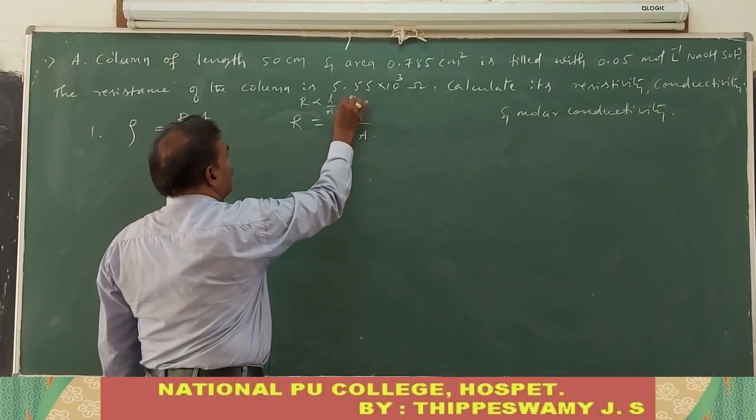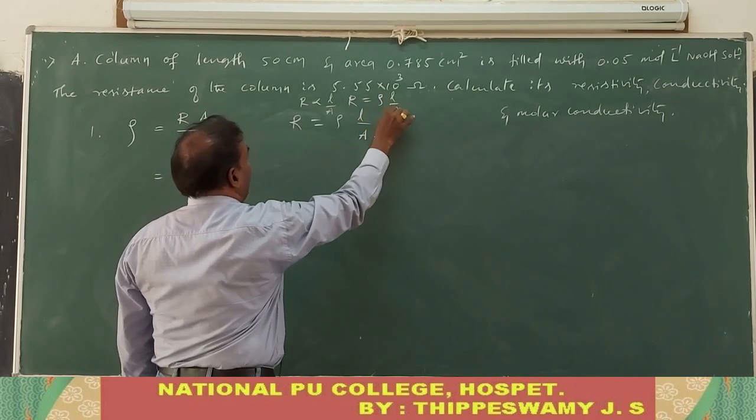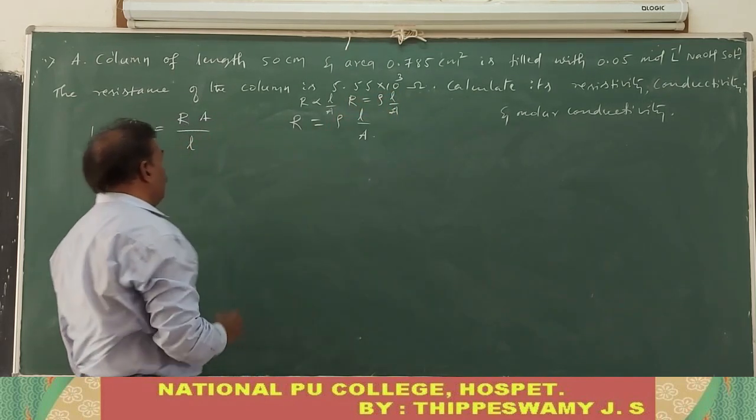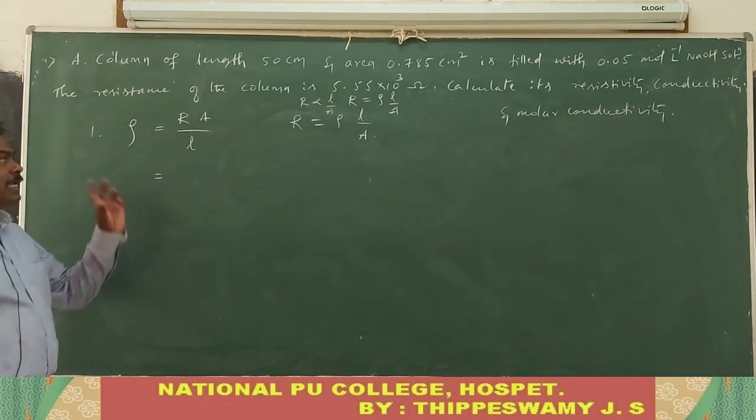So resistance R is equal to rho L by A, and rho is equal to RA divided by L. Like this we are taking.